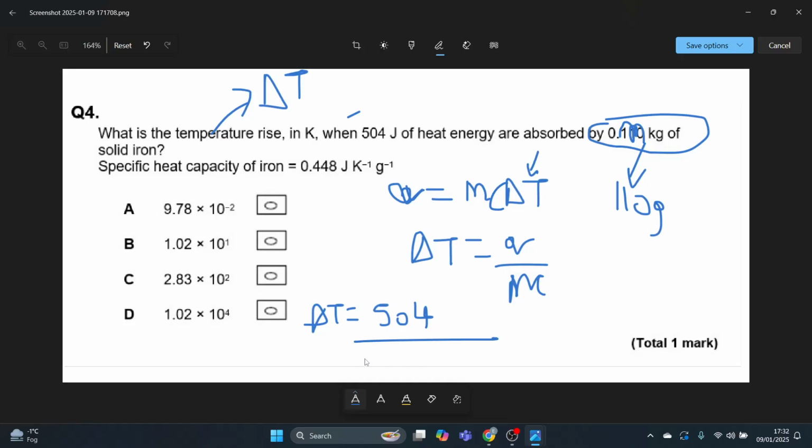Yep. 110 times 0.448. So 504 divided by 110 times 0.448. That will give me 10.2. So then B, right? Absolutely, it's going to be B then.